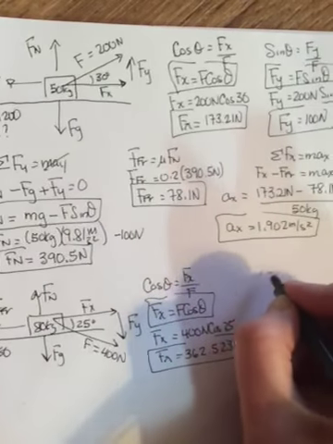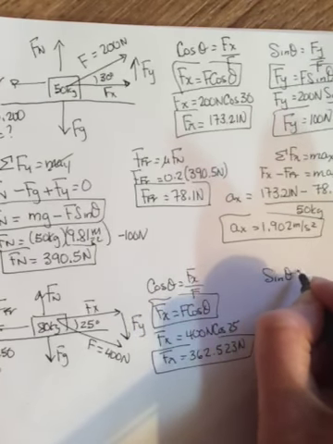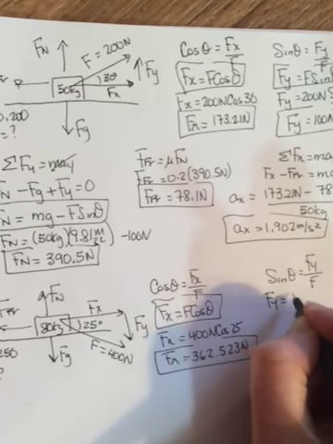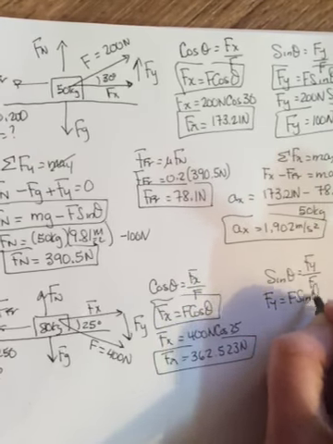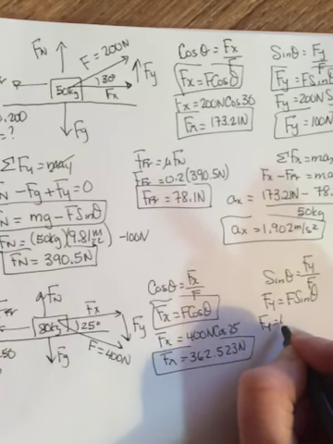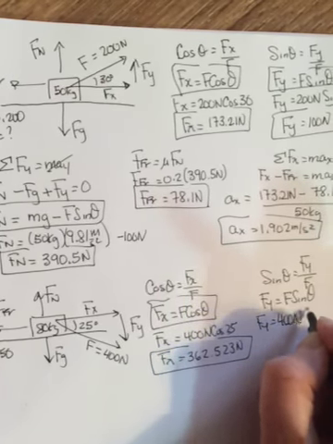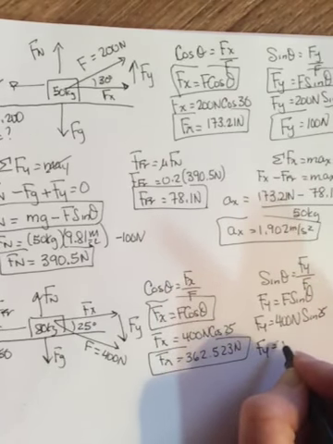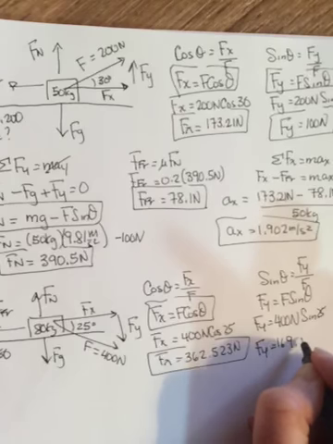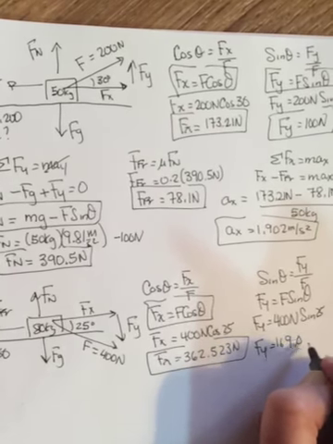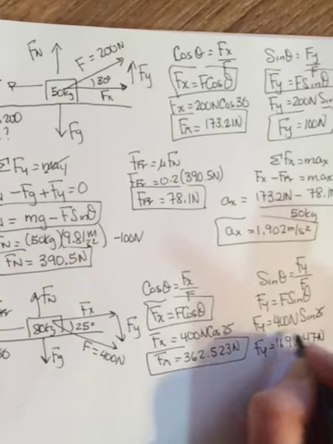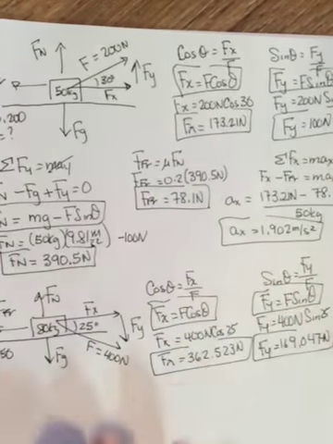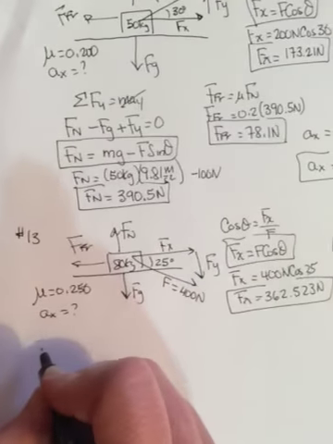And then in the y direction, it will be sine theta, Fy over F. So Fy is equal to F sine theta. Fill in your values, 400 newtons, sine of 25. And when you do, you get an Fy of 169.047 newtons.